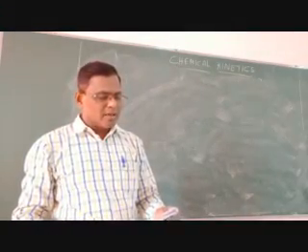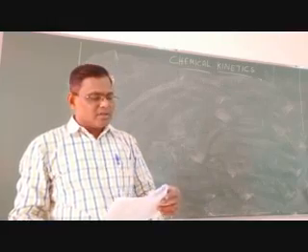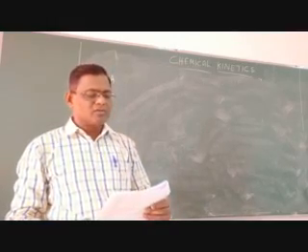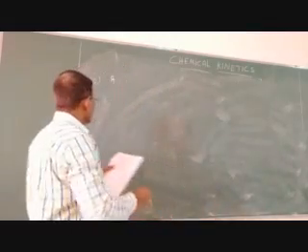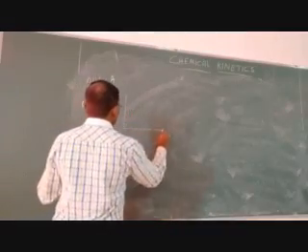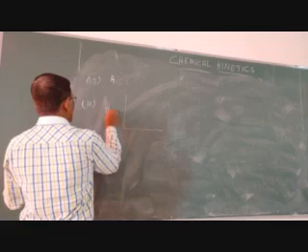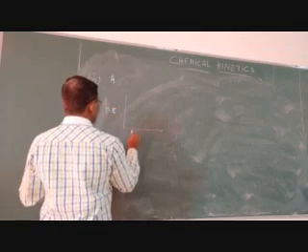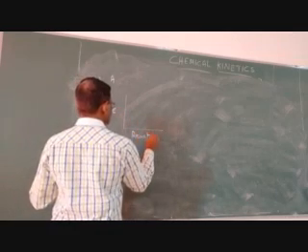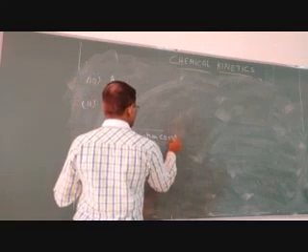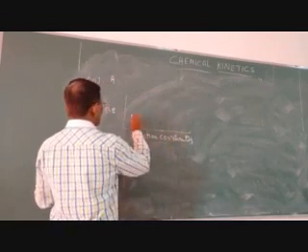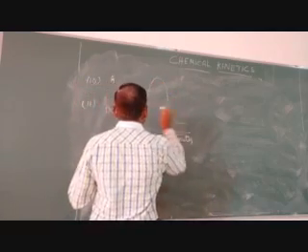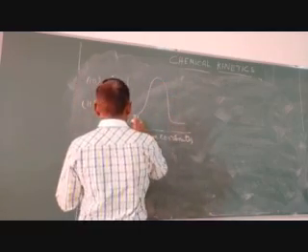Next, the 12th one. Here also, on the basis of the curve shown, identify the incorrect statement. The given graph is of potential energy versus reaction coordinates. This is the shape of the curve.